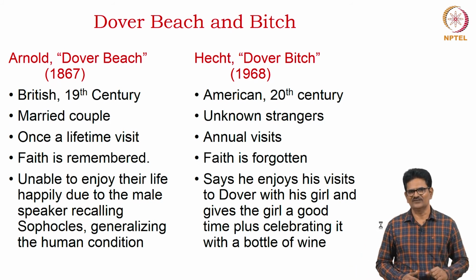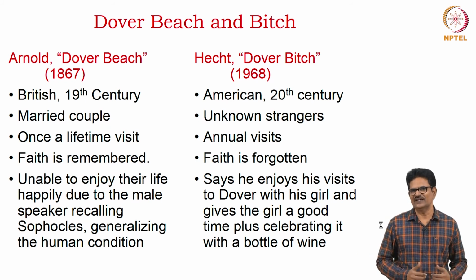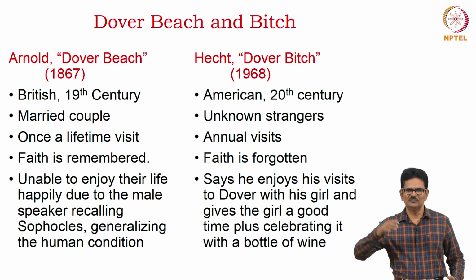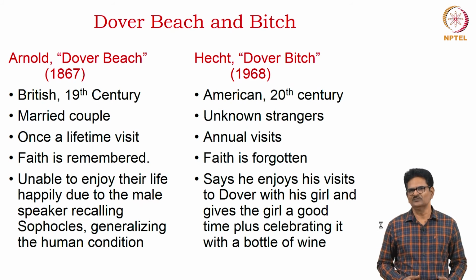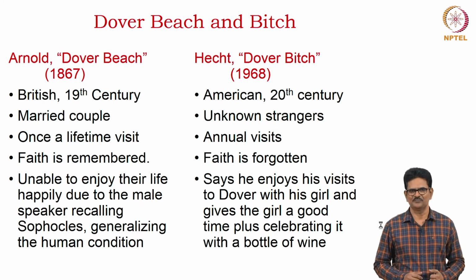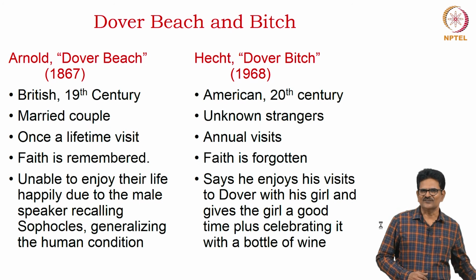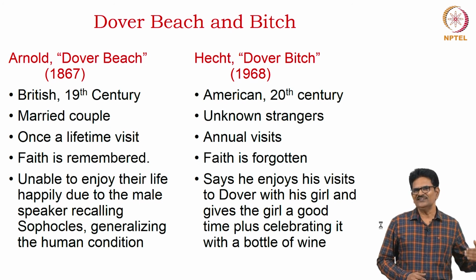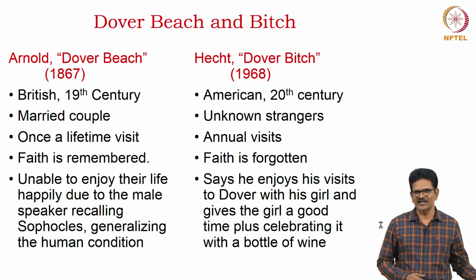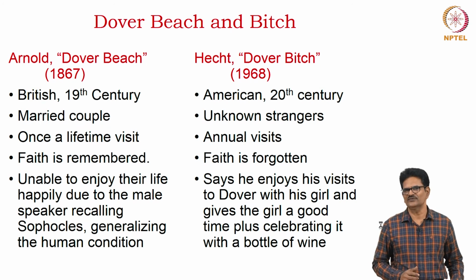Arnold and his wife were married, so we have a married couple in Dover Beach, but in the case of Hecht's poem we have unknown strangers. In the case of Arnold, it was a once in a lifetime visit for the purpose of honeymoon, but in the case of Hecht it is a kind of annual visit.